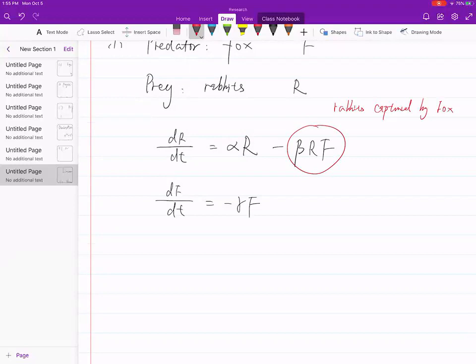And of course, the fox is not going to die out, hopefully, because now they have supplies of food. From here, clearly you see a system because you have two species and they are interconnected with each other. Okay. The population of one affects the other.